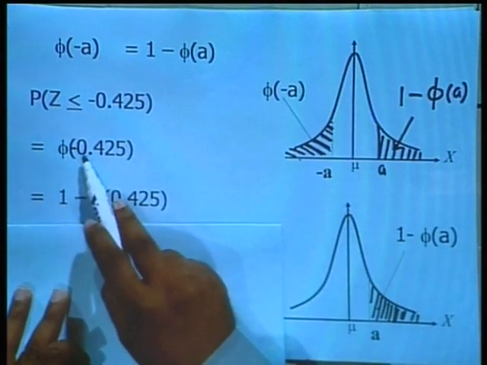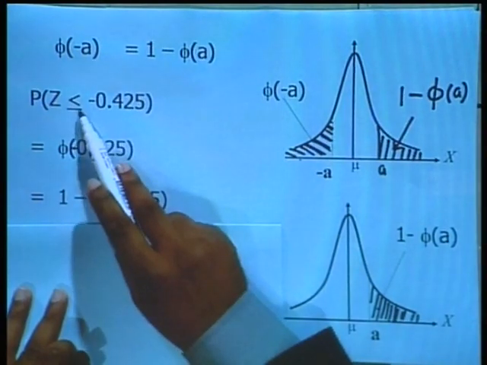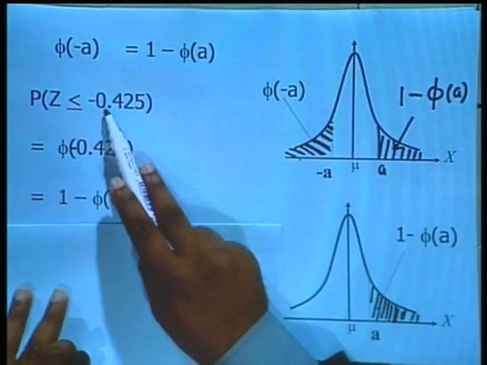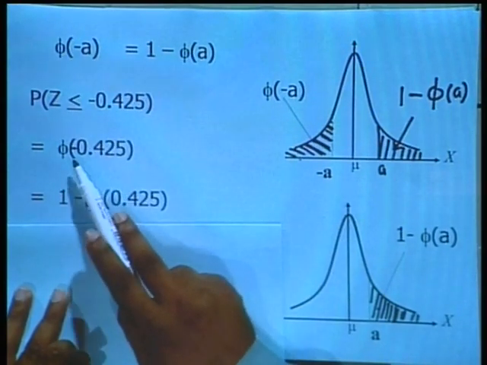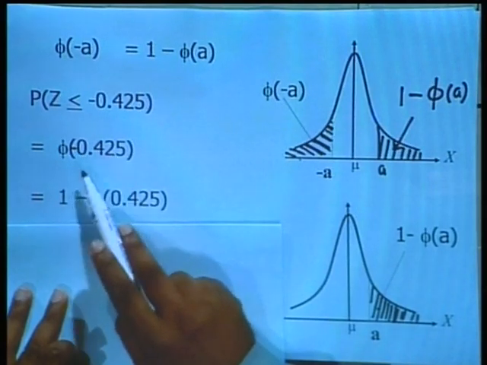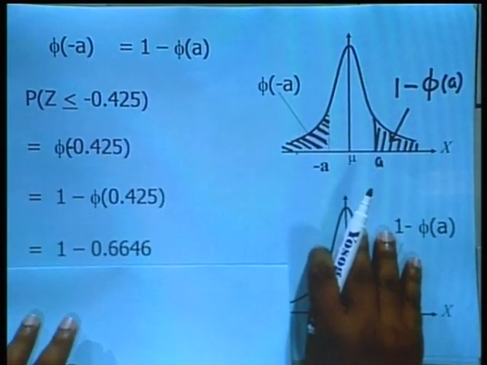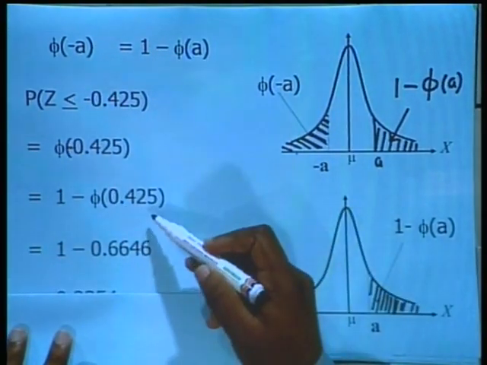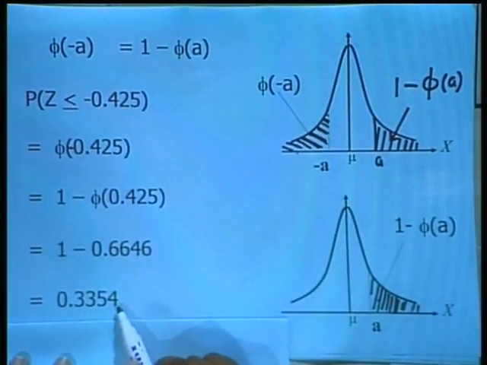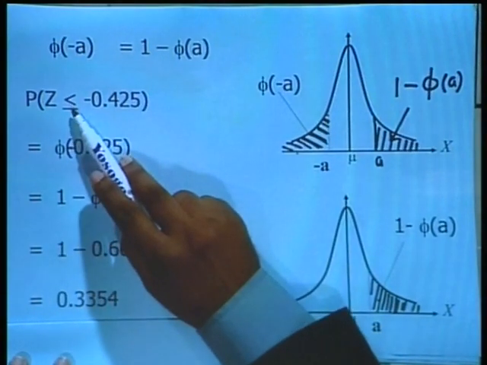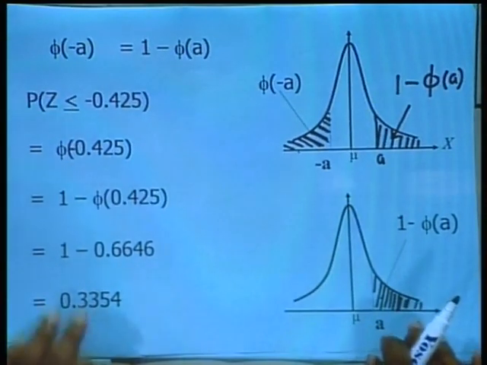Remember, we had less than, so it was phi of minus 0.425. But the table doesn't allow us to have negative values of z, so we use the formula to obtain 1 minus phi of 0.425, which we had already calculated, which gives us 0.3354. So the probability that z is less than or equal to minus 0.425 is 0.3354.